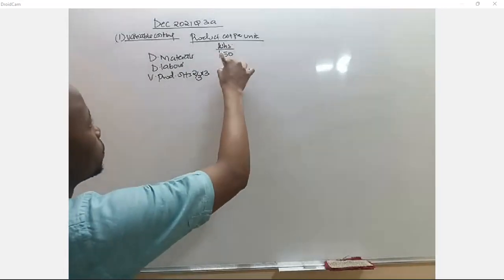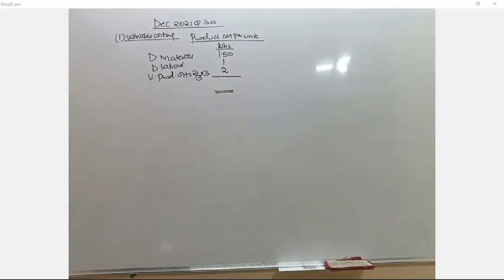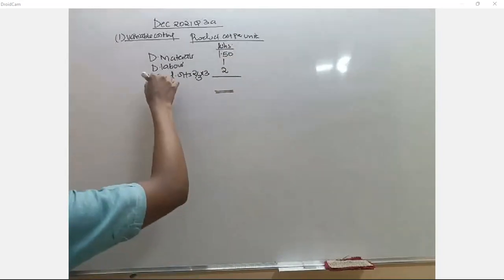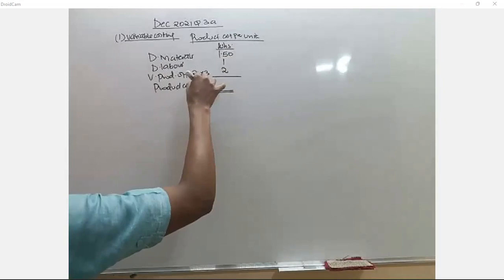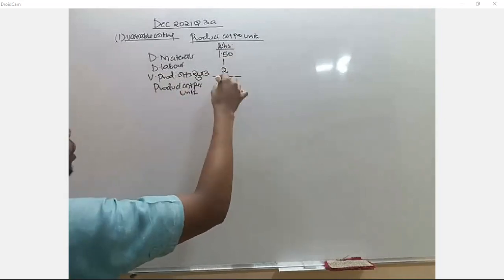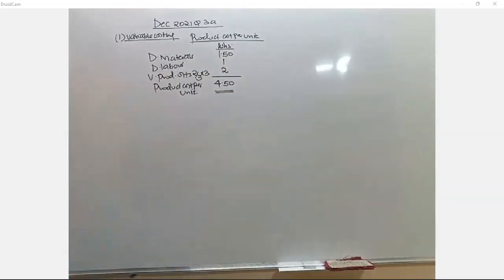Should be 2. So how much is the product cost per unit? This should be equivalent to 4.50, because we have been told one third, and you're going to be factoring that later.